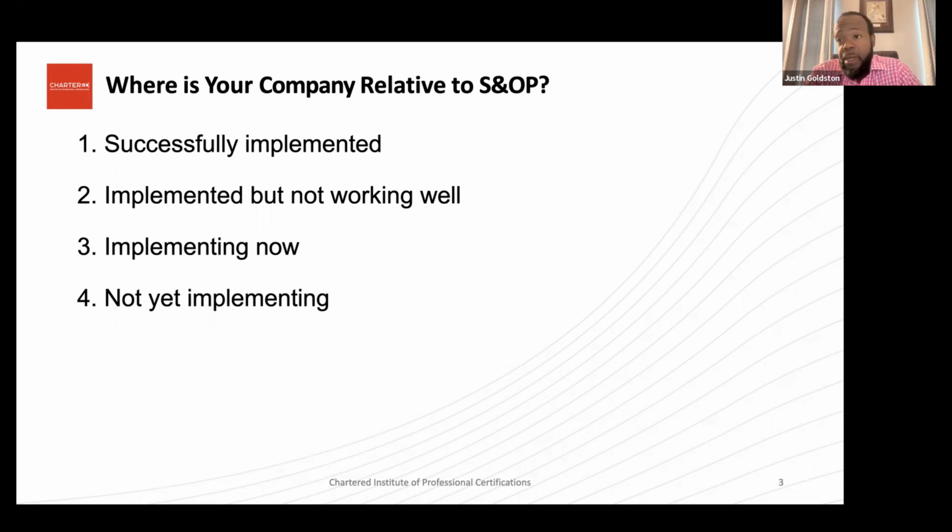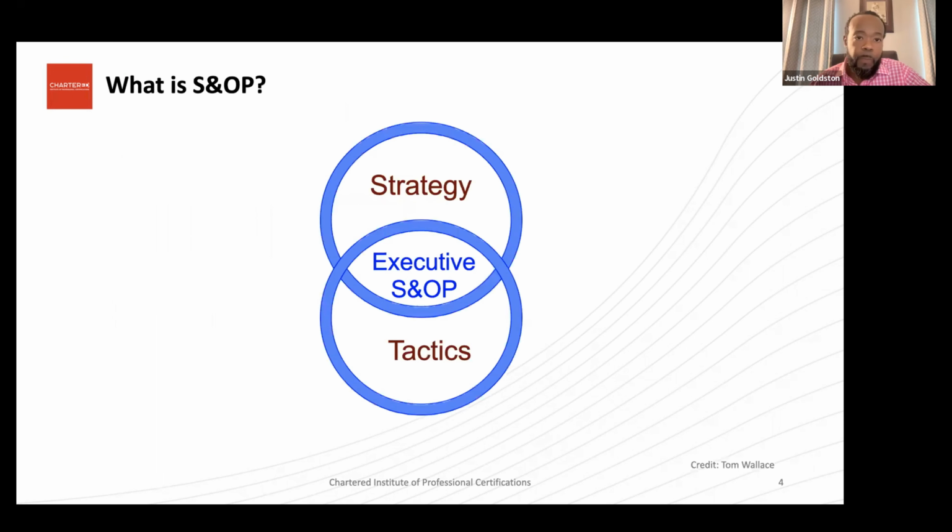There's a few gaps, and you're looking to find some tools to effectively implement a re-implementation, if you will, for S&OP. Or you're actually putting it into practice from a sales and operations planning perspective, or are you not yet implementing it? And hopefully this session can bring some insight into how you can effectively implement S&OP within your organization.